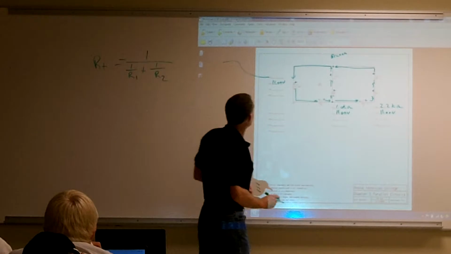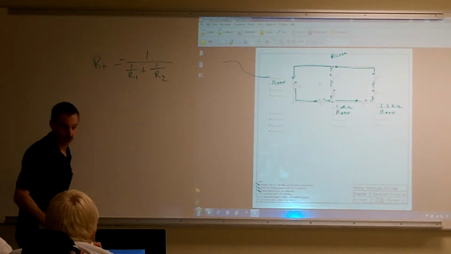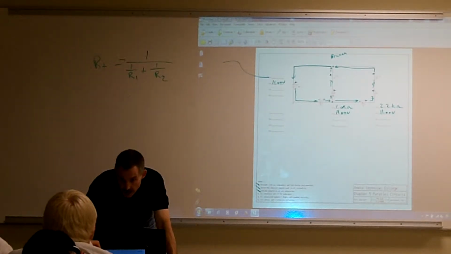So now, to enter that into our calculator, we have a fancy little key that helps us out for adding these numbers up.